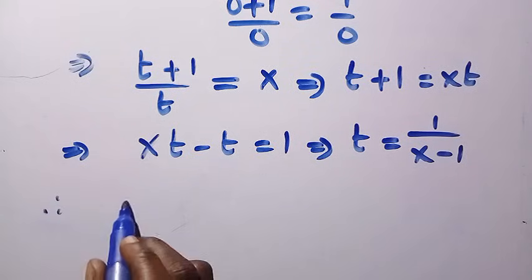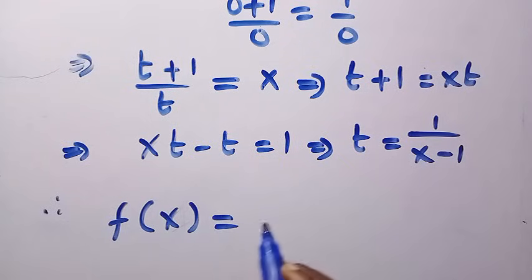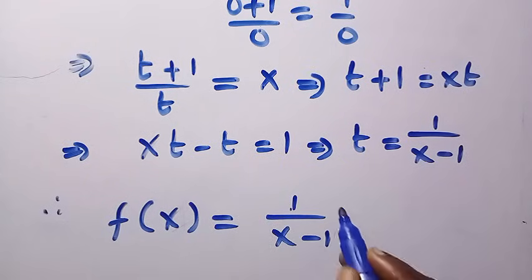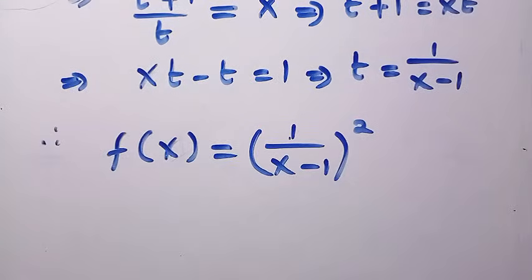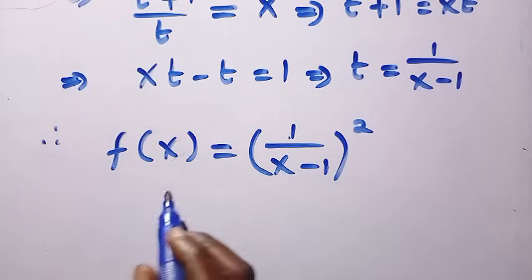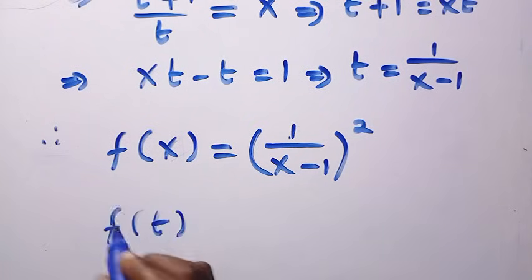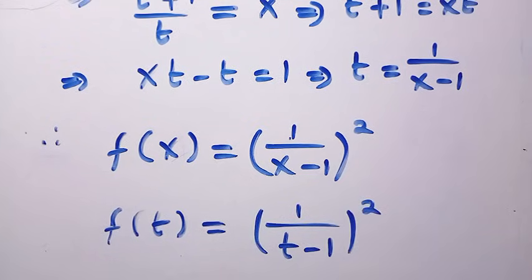So it implies that f of, instead of t plus 1 over t, we change it to f of x equals, and instead of t squared, we change it to 1 divided by x minus 1 and all raised to the power of 2. Then, again, we replace every single x with t, as we have f of t equals 1 divided by t minus 1, then raised to the power of 2.